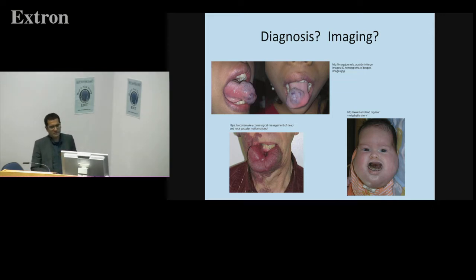In terms of imaging, there's a whole host from ultrasound scan, CT, MR. Because it's mainly soft tissue tumors, MR with angiography, and sometimes we use conventional angiography as well. So these are a group of conditions that are quite difficult to manage.